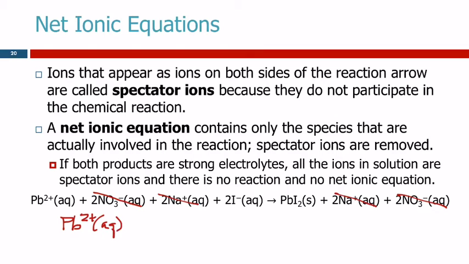So what was really happening here is that lead 2 ion and 2 iodide ions combined to form lead 2 iodide, which is a solid. This is the core, the net ionic equation, the important part. The important part of your paycheck is the stuff you actually get to take home, right? Any questions?